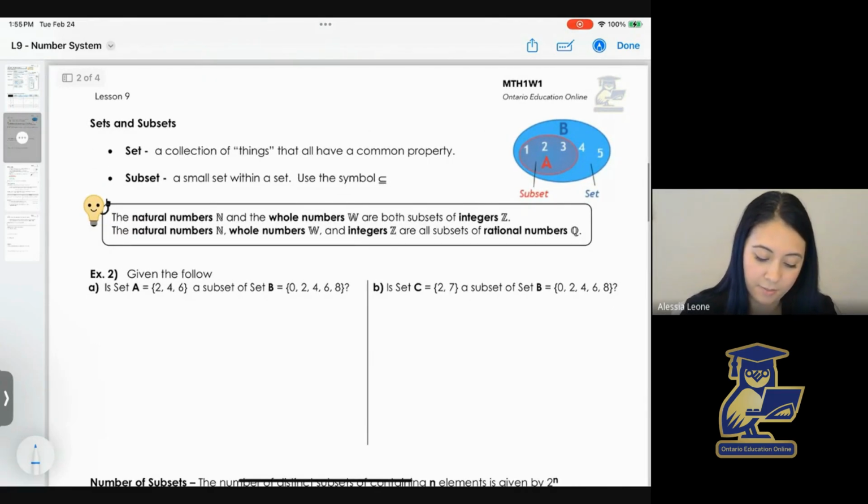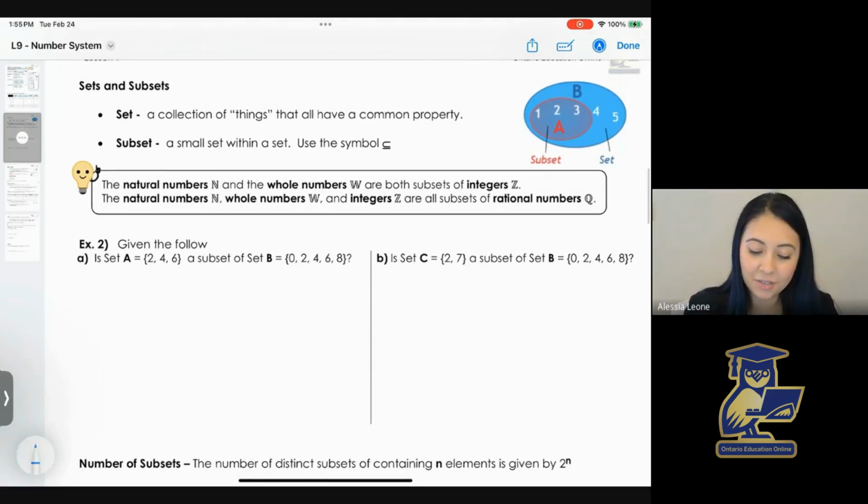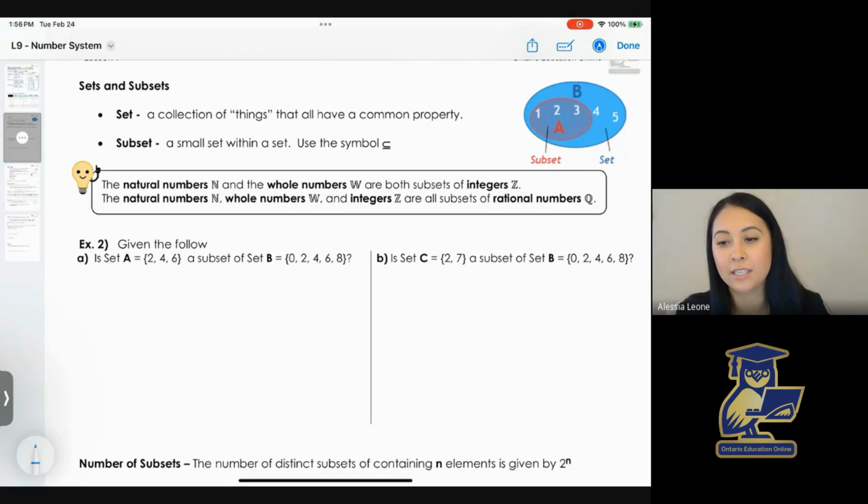Sets and subsets. A set is a collection of things that all have a common property, and a subset is a small set within a set, using that symbol there. Natural numbers and whole numbers are both subsets of integers, and natural numbers, whole numbers and integers are subsets of rational numbers.